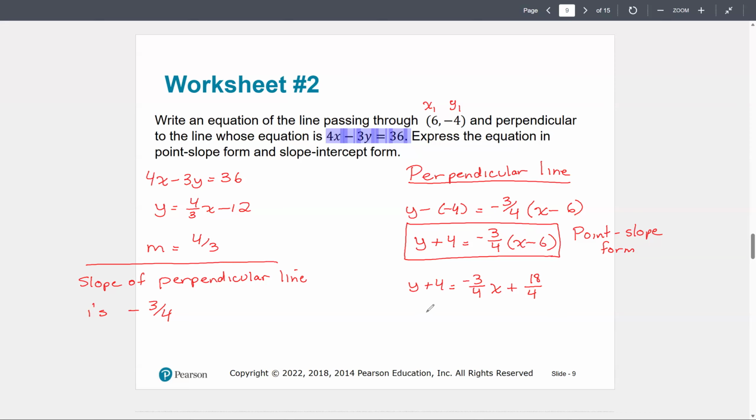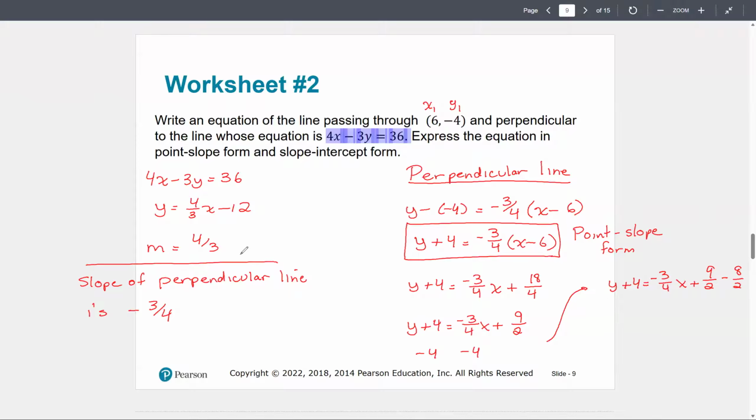Yeah. So we're going to get y plus 4 equals negative 3/4 x plus 9 over 2. We subtract the 4 from both sides. So we're going to end up with y equals negative 3/4 x plus 9 over 2 minus 4, which is going to be minus 8 over 2.